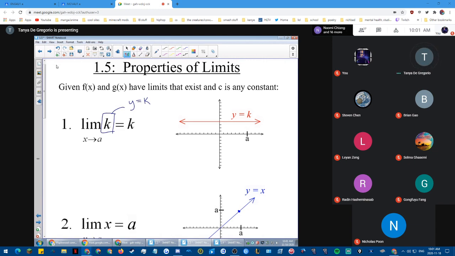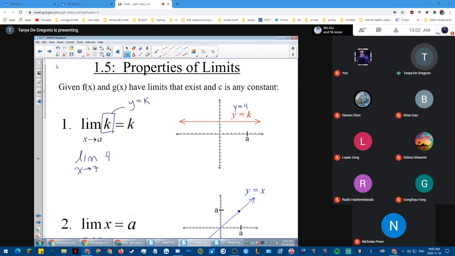Okay? So, for example, if you want a number example, here I have 1, 2, 3, 4. So this would be the horizontal line y equals 4. So this would look like this. The limit as x approaches, and it can be anything, it can be 7, of 4. You're going to have to evaluate that limit. So it's going to say the limit as x approaches 7 of 4.